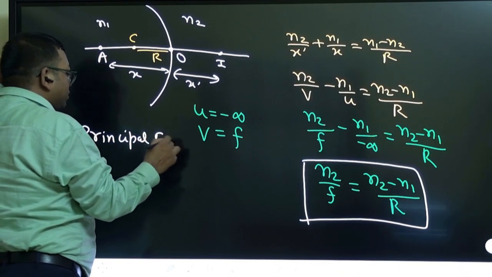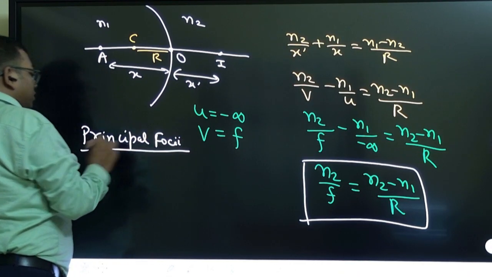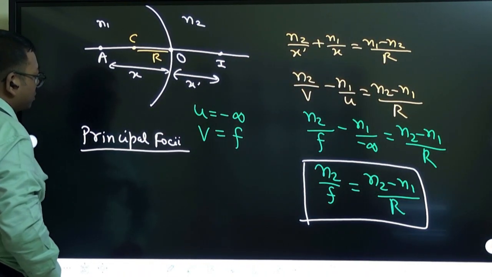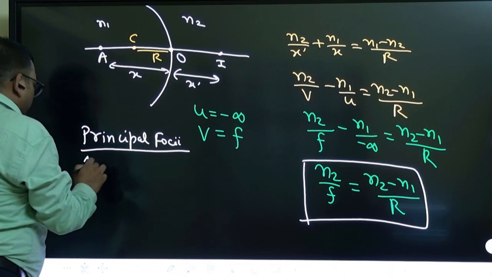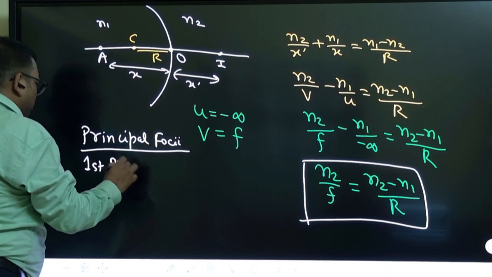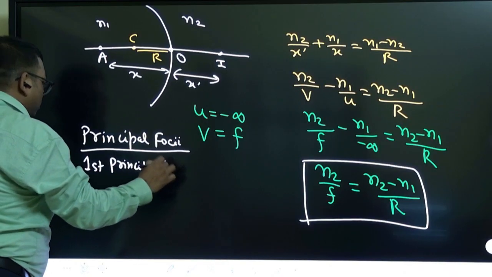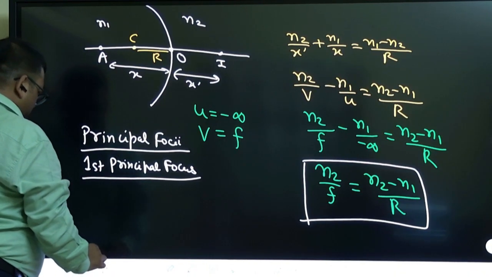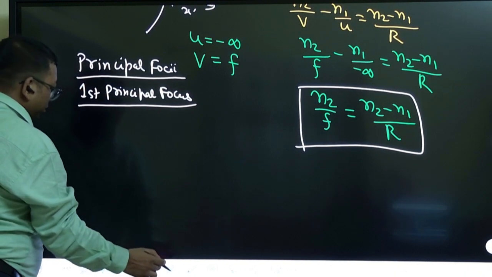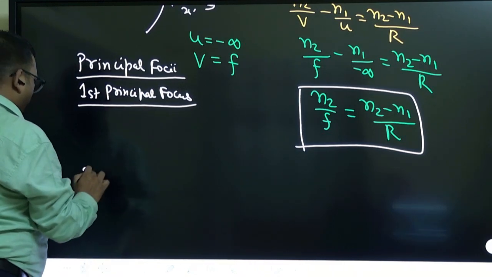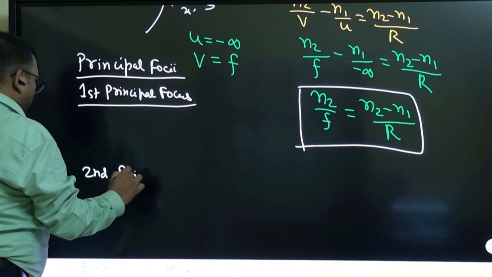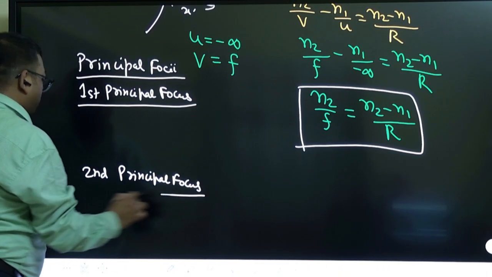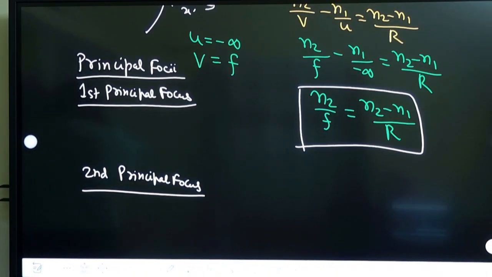Principal foci, let us understand. This surface has a first principal focus and a second principal focus. How is the first principal focus defined, and how is the second principal focus defined?